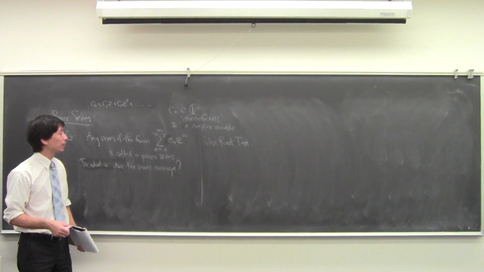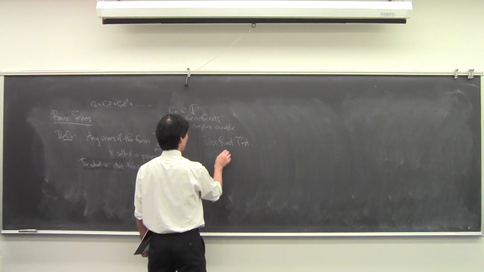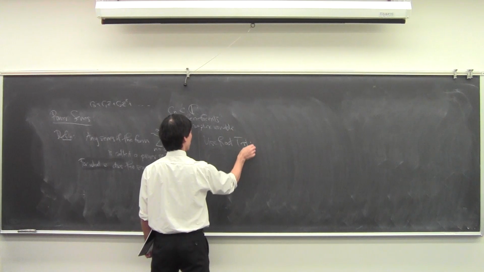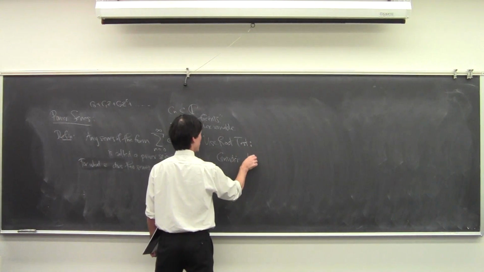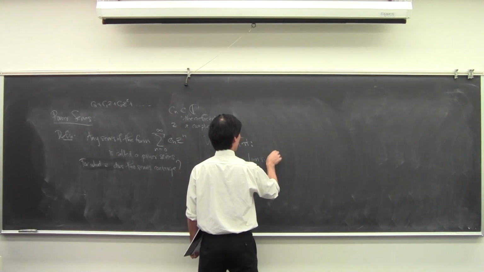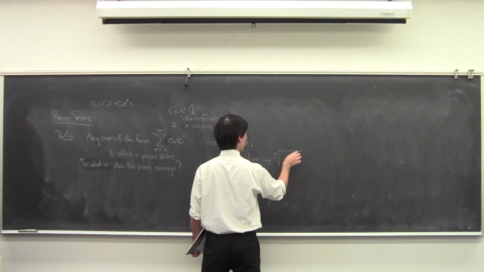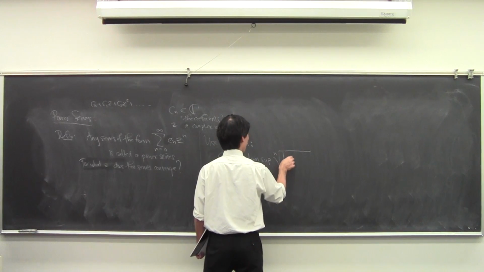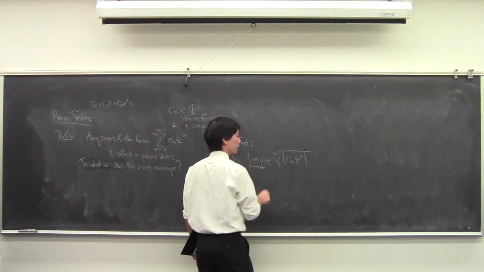So we say, okay, the root test says we should consider the lim sup of the nth root of the absolute value of the nth term.